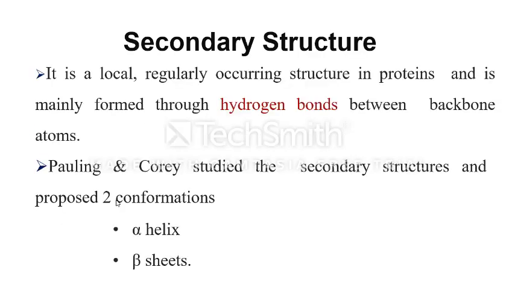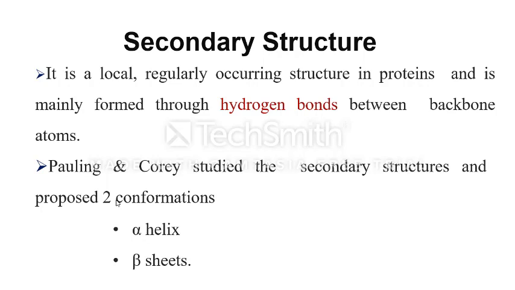Now comes the secondary structure. It is a local, regularly occurring structure in proteins and is mainly formed through hydrogen bonds between backbone atoms. Right? Pauling and Corey studied the secondary structure and proposed two conformations. They finally found out that the secondary structures exist in two forms.